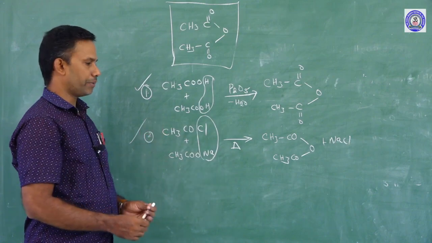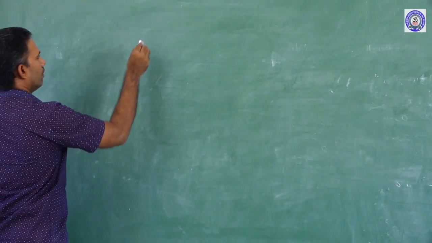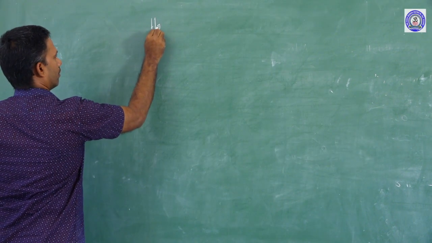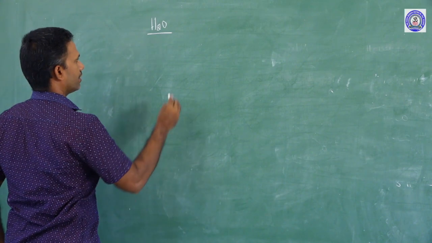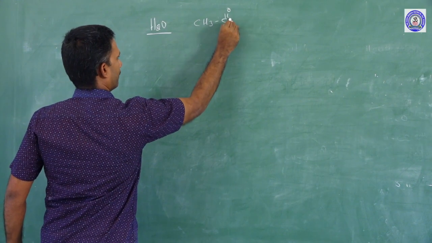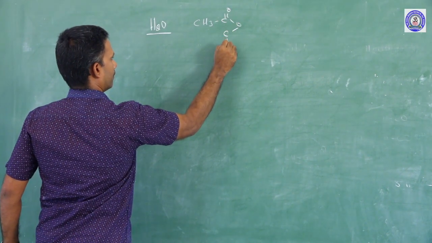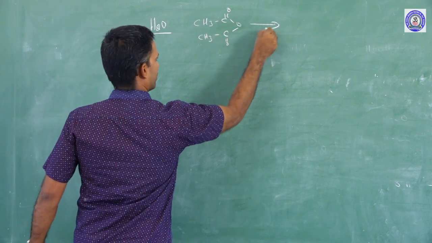Then let us move on to the properties of acetic anhydride. As usual, first treatment with water, that is called hydrolysis. What is happening here in the hydrolysis of acid anhydride? Hydrolysis means treating with water.